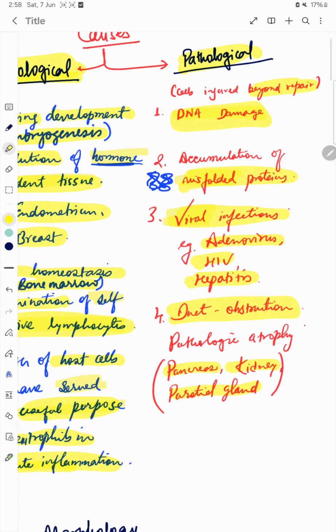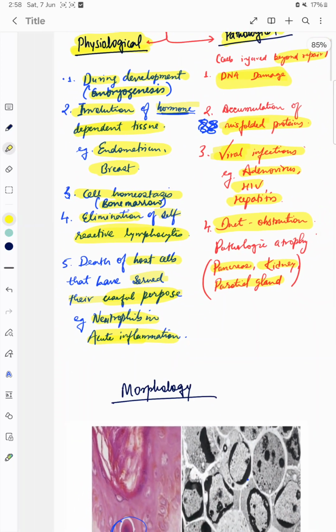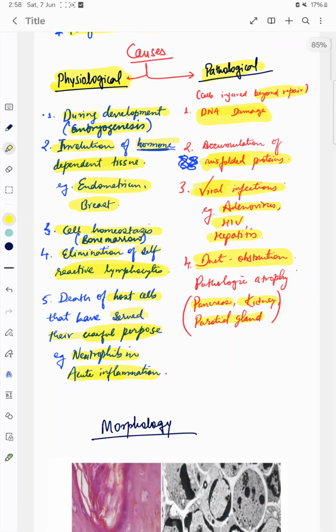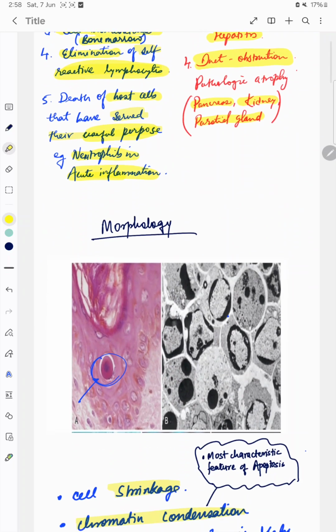Obstruction of the duct results in apoptosis. So these are the examples of apoptosis in physiological as well as pathological conditions.